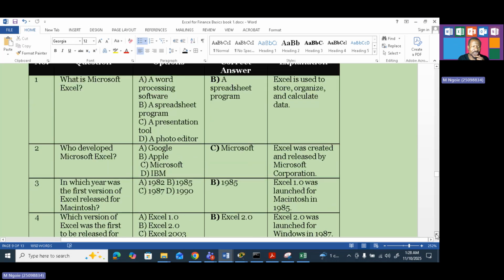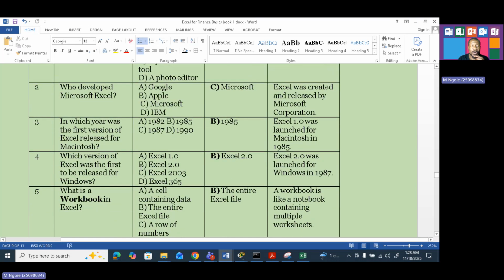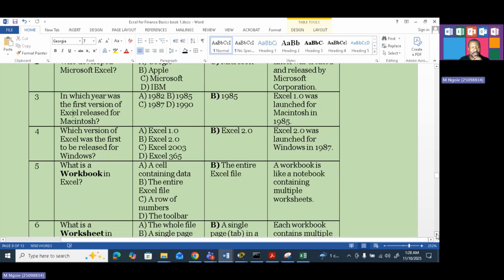Let's move to number two. Who developed Microsoft Excel? It's Microsoft who developed Excel. Number three, in which year was the first version of Excel released for Macintosh? Remember, Macintosh is a type of computer.